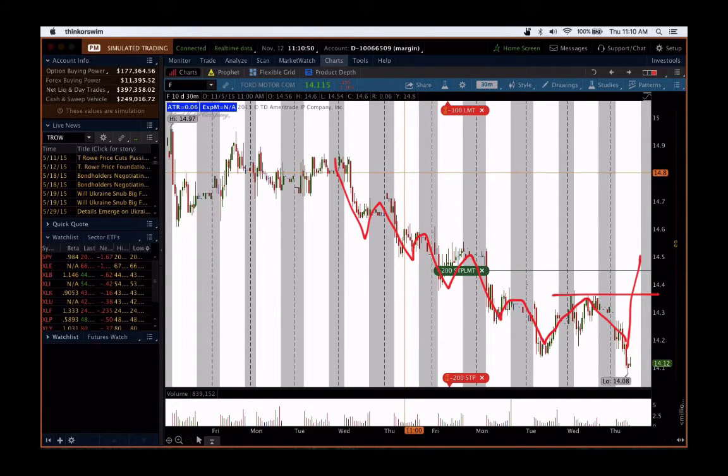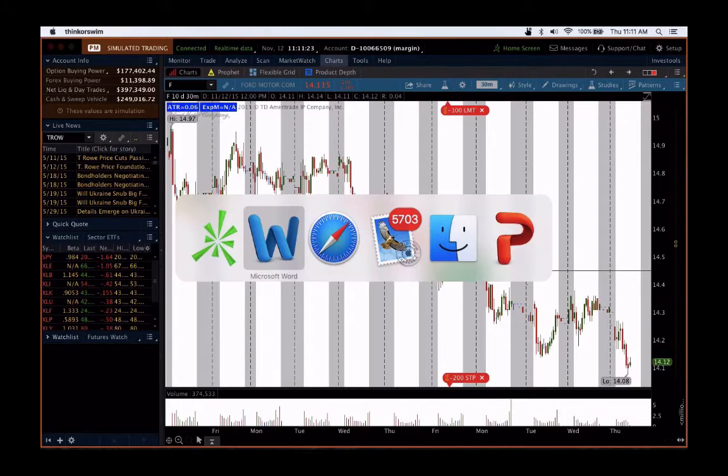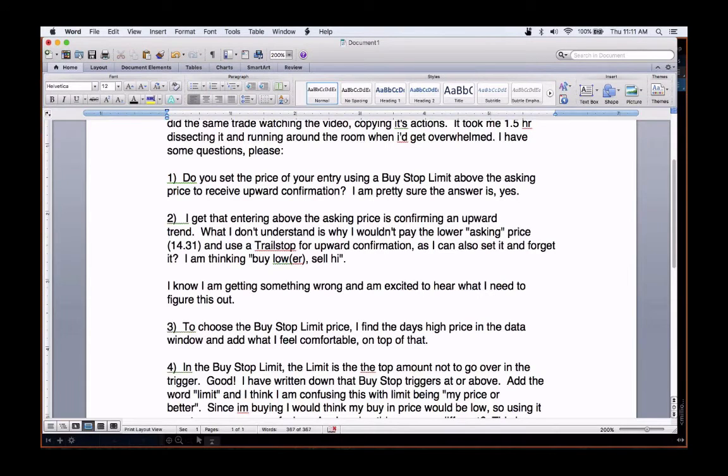The idea is you don't want to try and catch a falling knife or a falling piano, because the current direction of trend, as far as day traders and short-term swing traders go, is down. And so we just don't want to guess where the bottom is. And so that actually answers, I think, your second question.